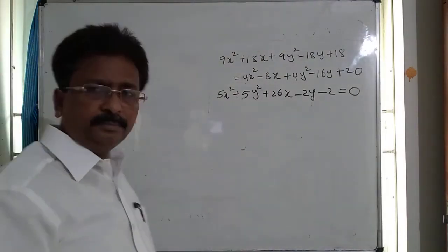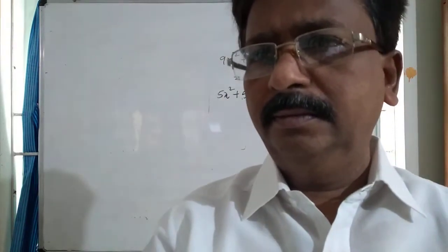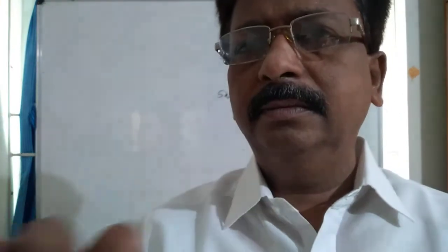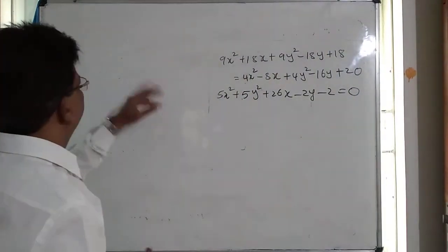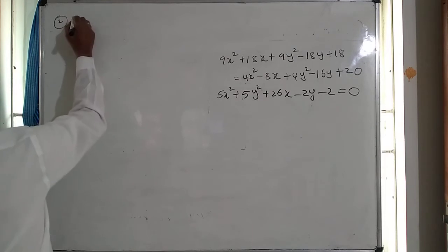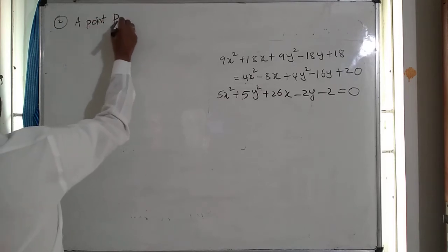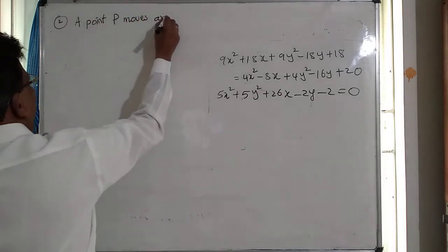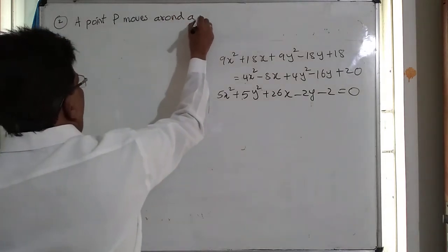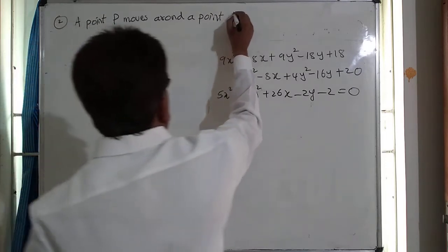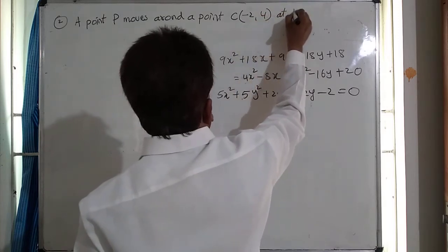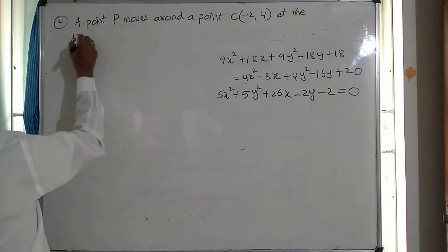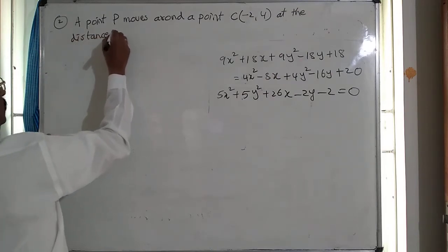Next problem. A point P moves around a point C (minus 2, 4) at a distance of 4 units.